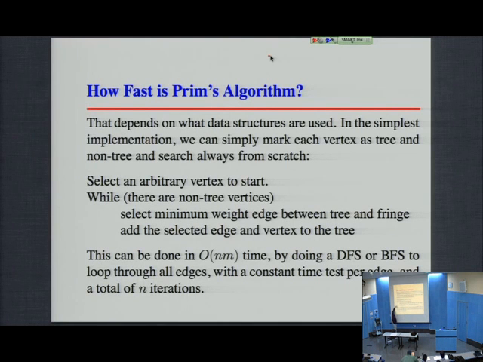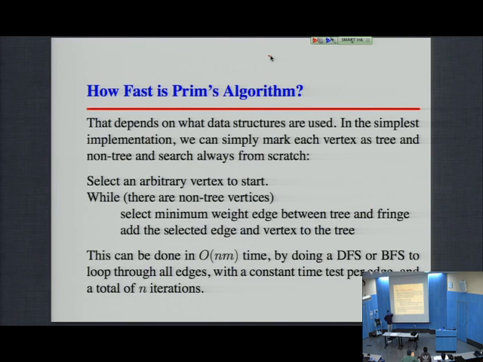N times we're going to go around and pick the smallest weight edge between the tree and the non-tree parts. My claim is it should be obvious we can find the smallest weight edge between the tree and the non-tree things if we keep a Boolean vector that for every vertex tells you whether it is in the tree or not.